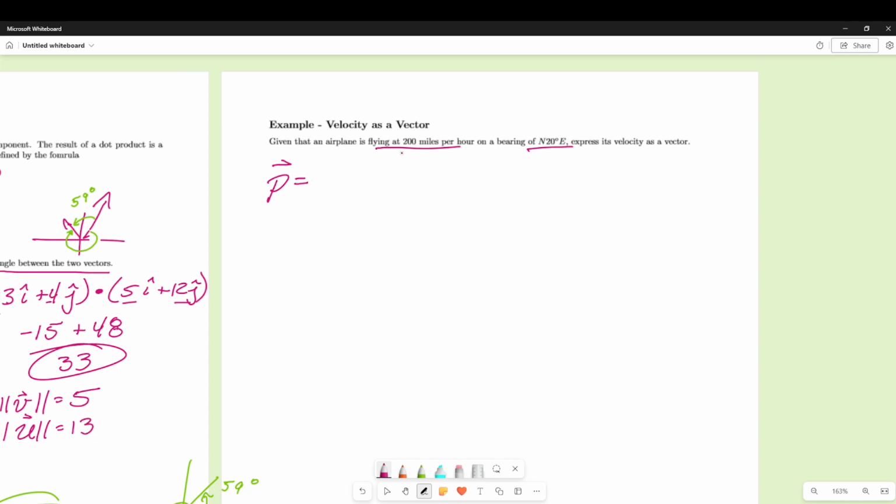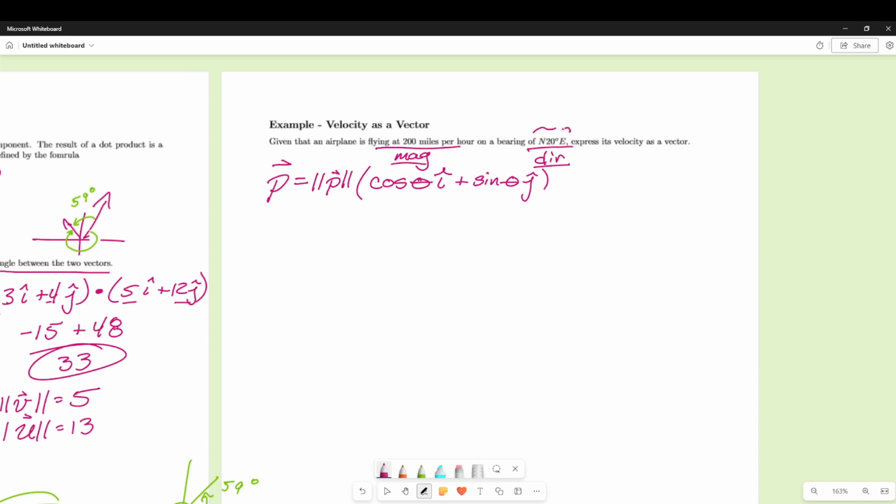Well, since we're given information in magnitude and direction, trigonometric form is usually the nicest way to go. And we've got essentially a formula for that. Our magnitude times the cosine of the angle of our direction in the i plus the sine of the angle of our direction in the j. That's going to give us our vector.